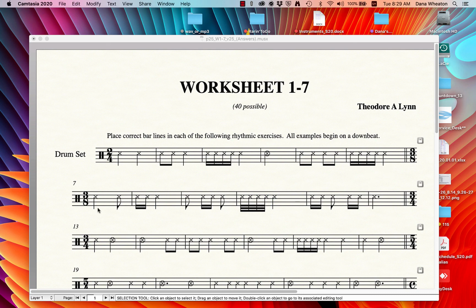Now, this next one is the first time for many of you that you might have seen a 3/4, but this is a 3/8, which means every time we have 3 eighth notes in terms of rhythms, bar line. So these will seem like shorter measures because they're using smaller rhythms.